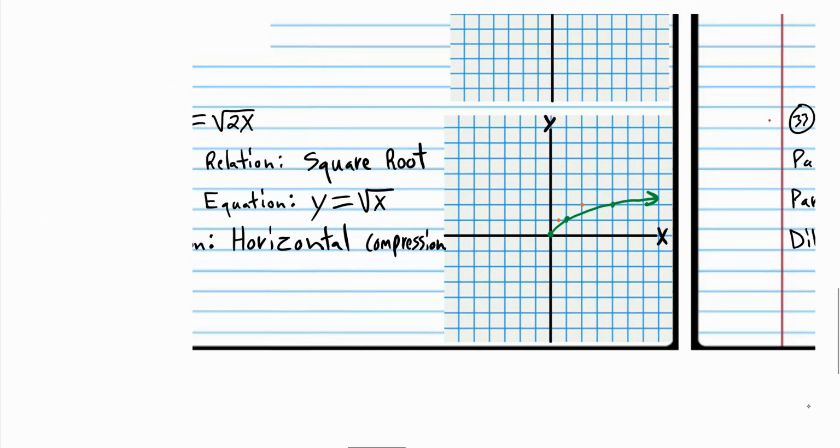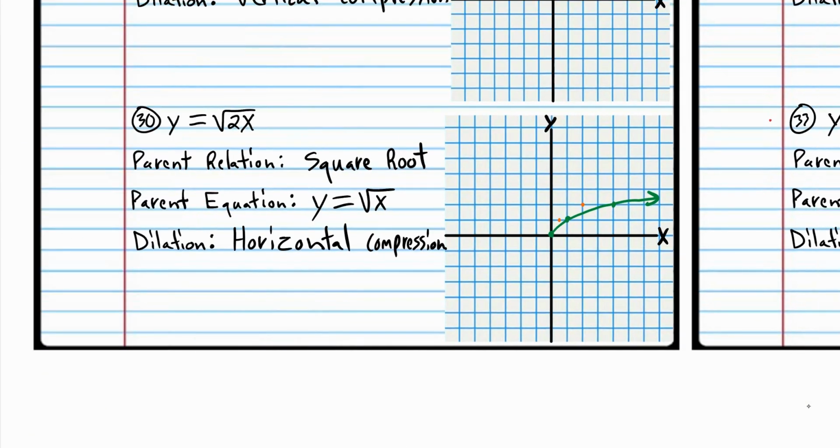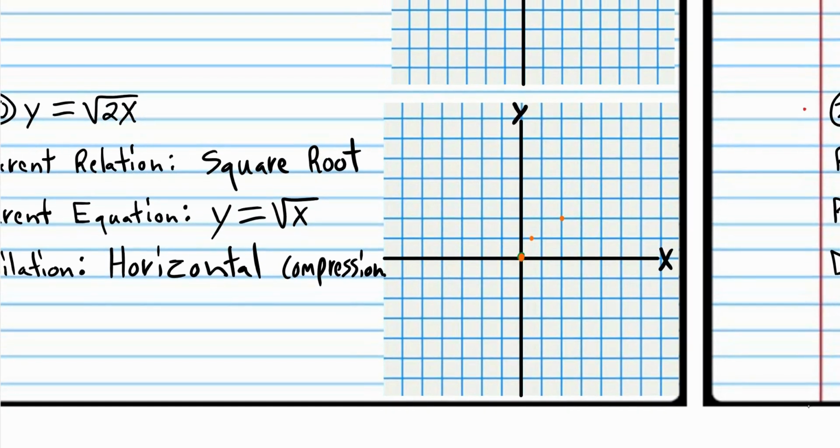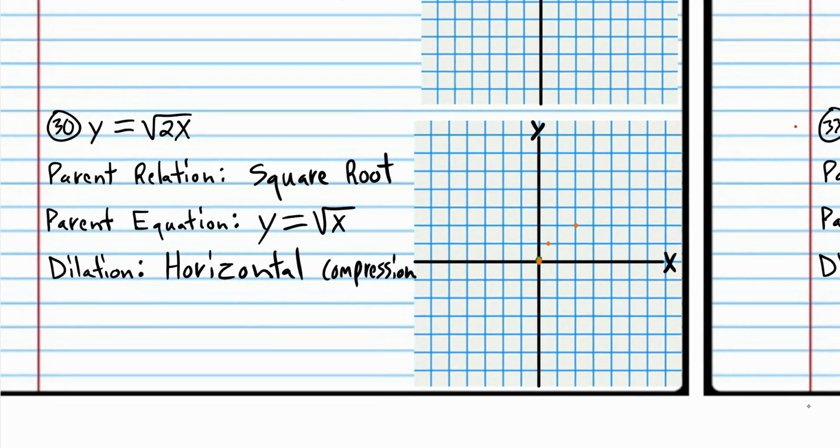And let's see, what else can we do? I think that's about it. We're going to go off the scale if we plug in any bigger points. We know if we plug in 8 for x, we'll get 16, and then root 16 is 4.